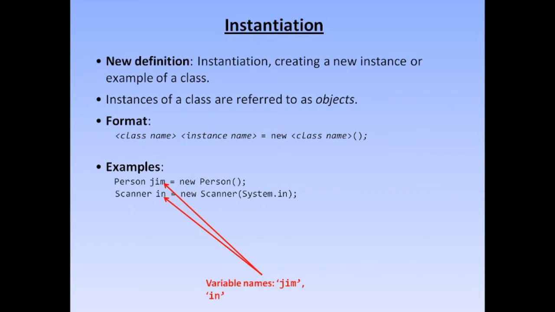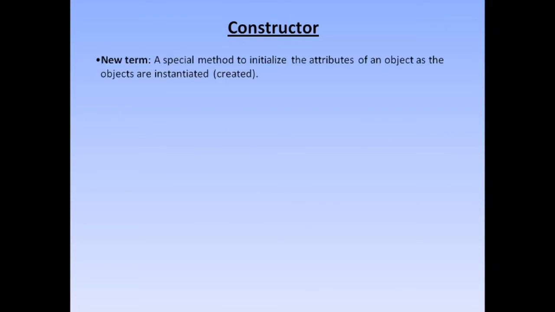Now, what is a constructor? A constructor is a special method to initialize the attributes of an object as the object is instantiated or created.